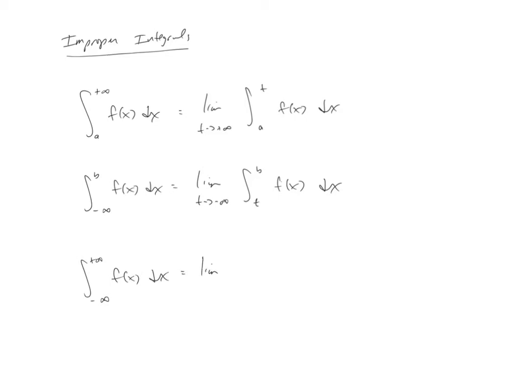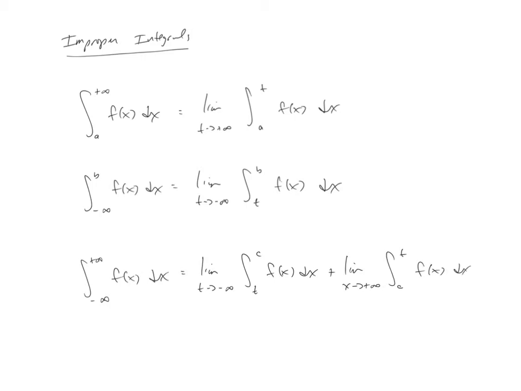We'll have the limit as t goes to negative infinity of the integral from t to some place, we'll call it c, of f of x dx, plus the limit as t goes to positive infinity of the integral from c to t of f of x dx.